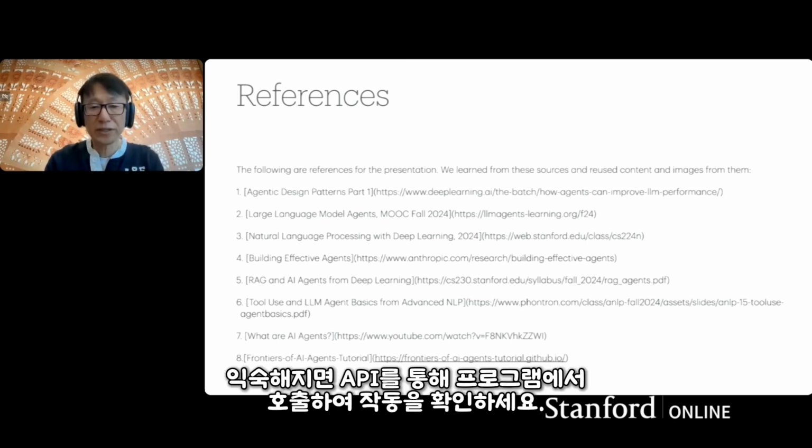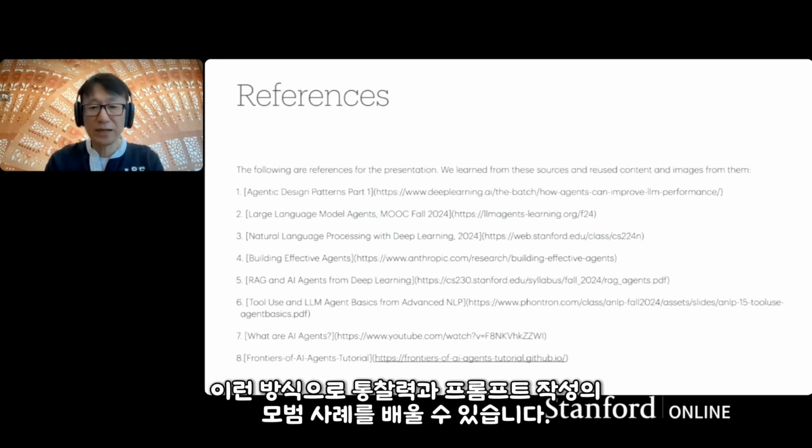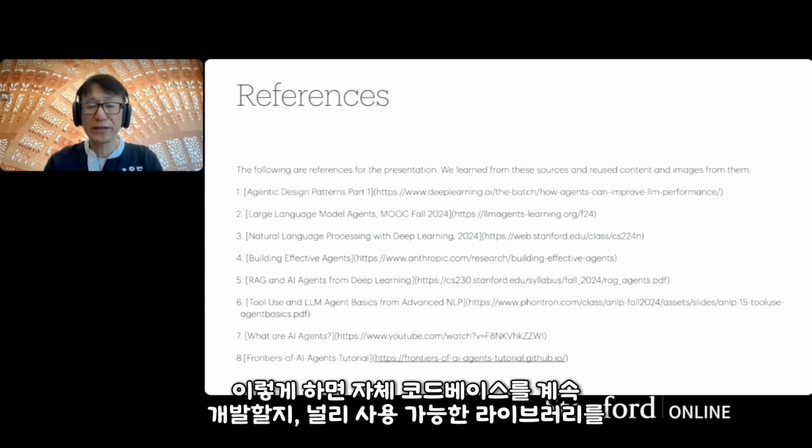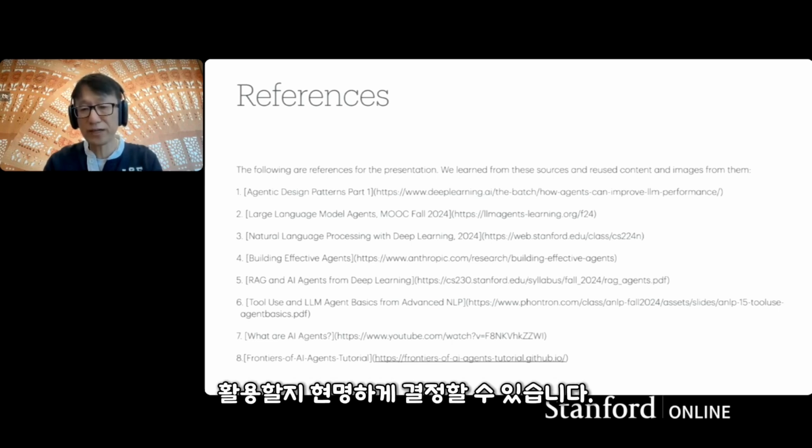Once you get familiar with it, use the API to make a call from your program and see what's going on. In that way, you gain insights as well as practice best practices for preparing prompts. Once you have that, you can intelligently decide whether it makes sense to continue with your own code base or make use of widely available libraries.